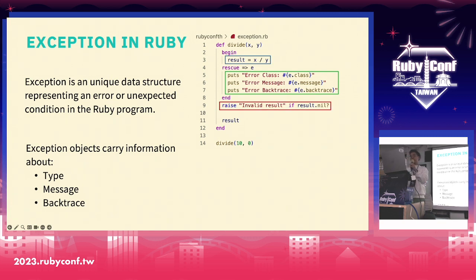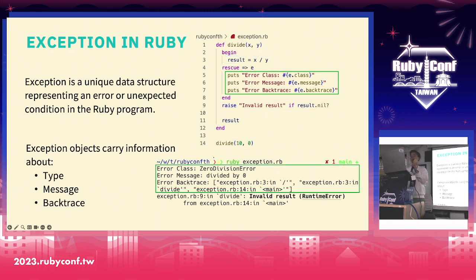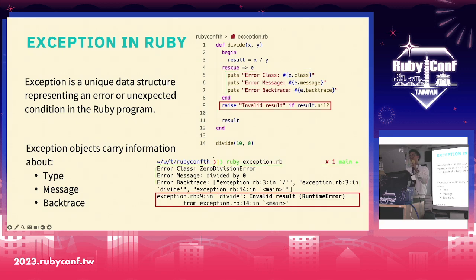Additionally, I also try to raise an additional error if the result is not expected. Then I divide by zero on the console, and we can see clearly it carries the type, message, and backtrace, and this is an exception.